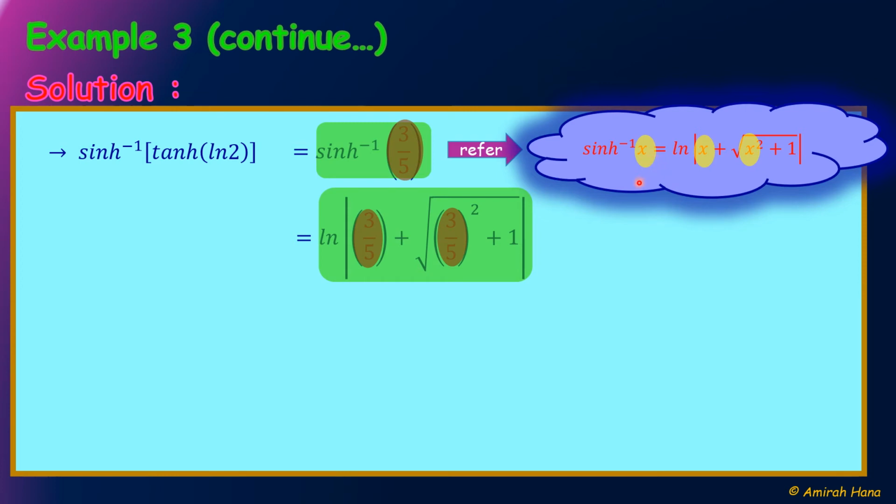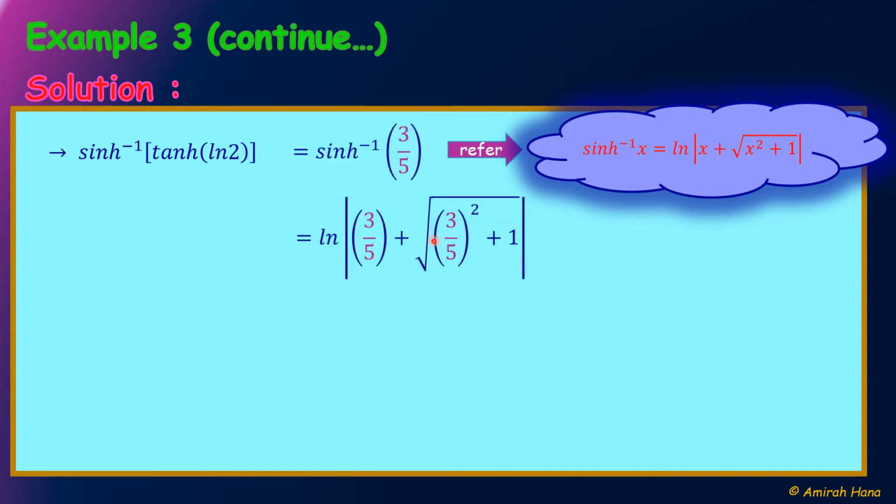What we do is replace x, this is our x, by 3 over 5. And then we can simplify the answer.